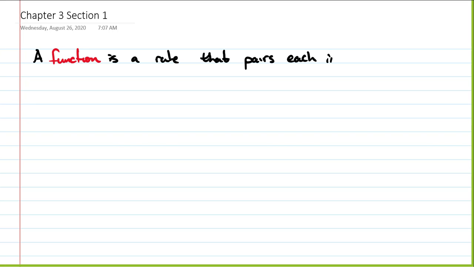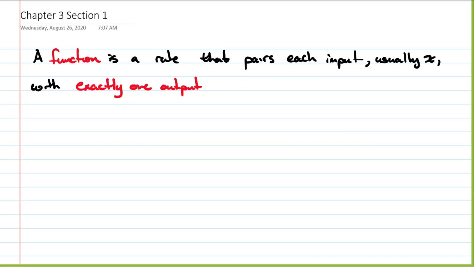So let's define what a function is. A function is a rule that pairs each input, and for this that's usually x, with exactly one output, which is usually y.